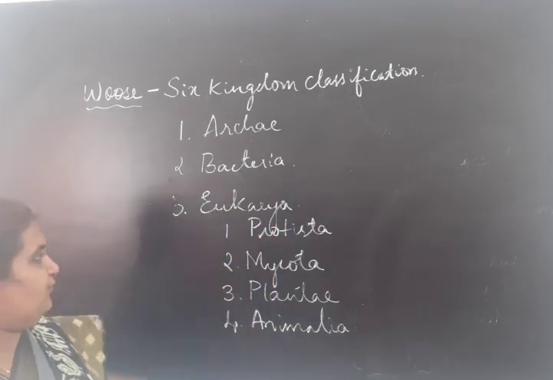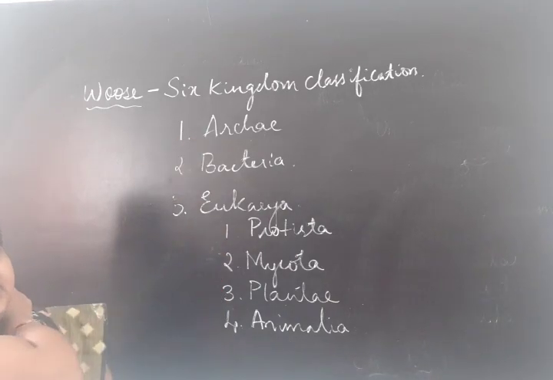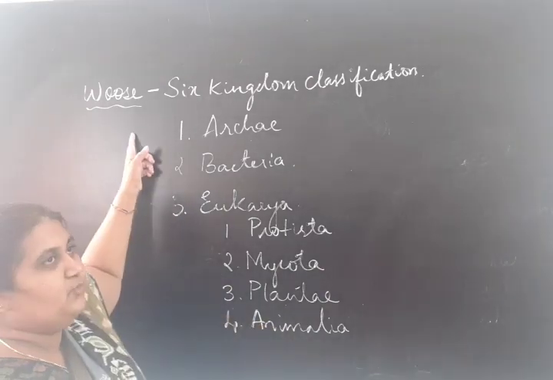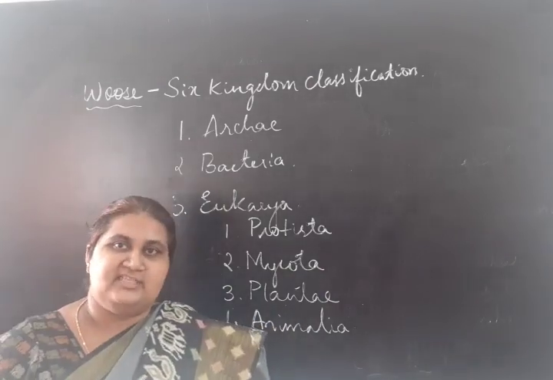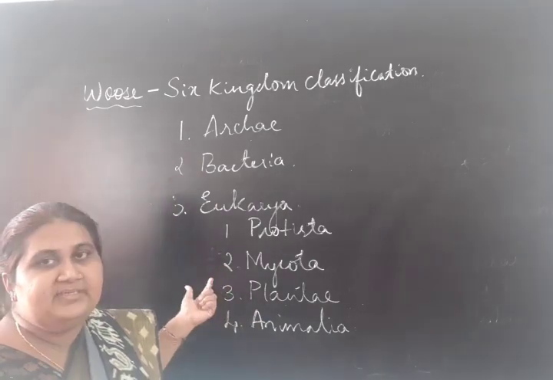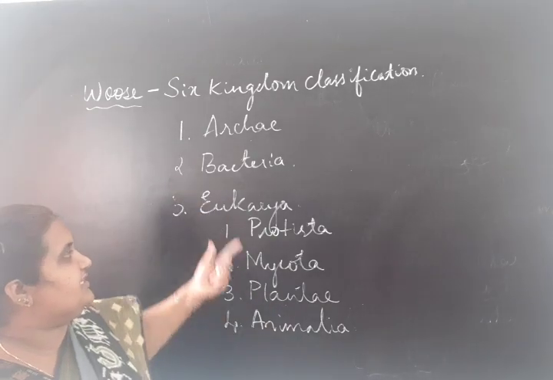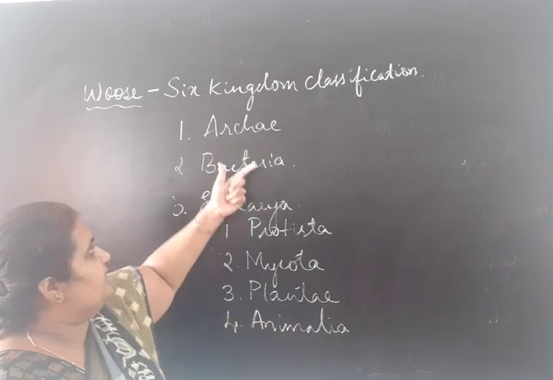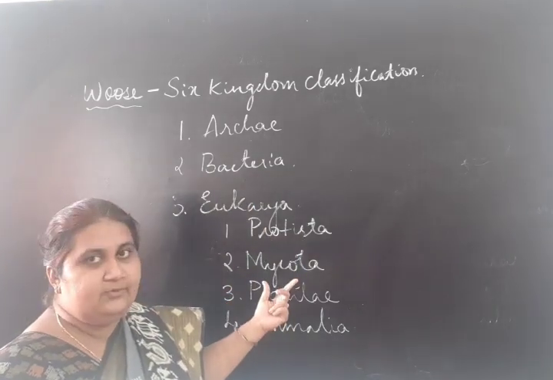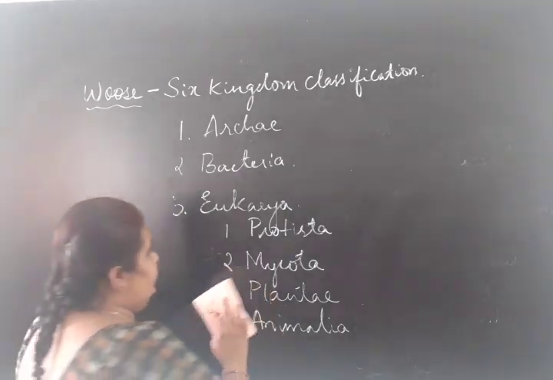So these four kingdoms plus these two, he called it the six kingdom classification. It will be useful for your competitive examinations like NEET. So six kingdoms: Archaea, another kingdom Bacteria, kingdom Protista, Mycota, Plantae and Animalia.